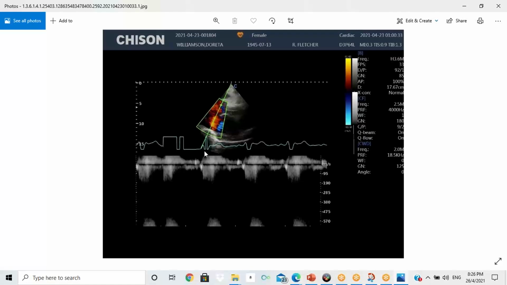So you did manipulate it a little bit, and you see there's consistent flow here below the baseline in systole. Systole is from the onset of the QRS to the end of the T wave, so there's a systolic flow below the baseline, and it's telling you that something is flowing from the RV across the tricuspid into the right atrium, which is tricuspid regurgitation.